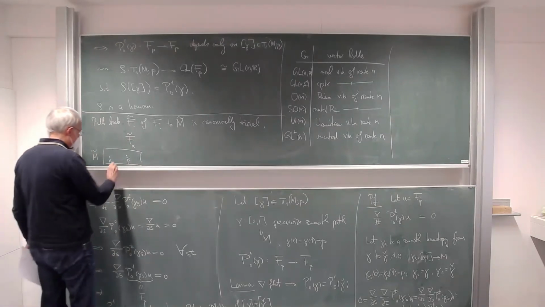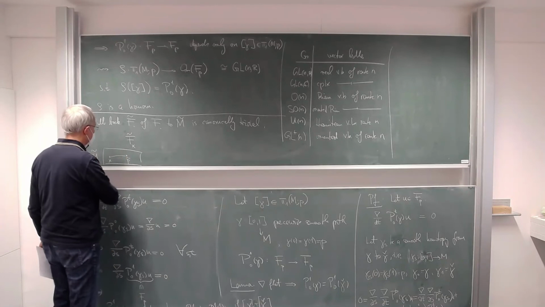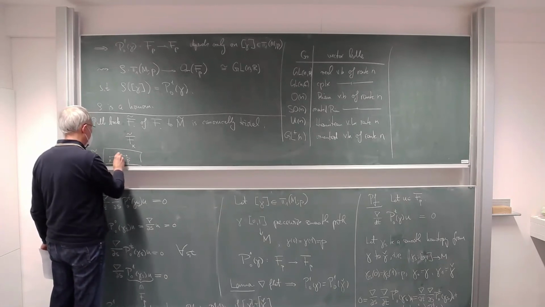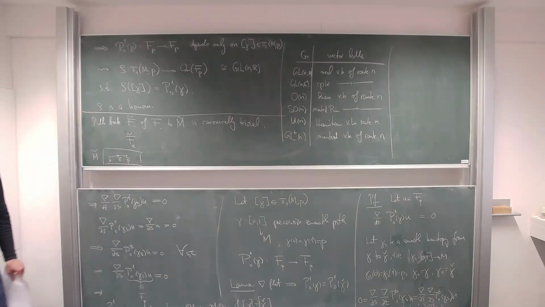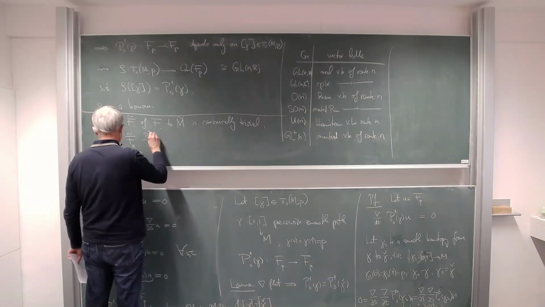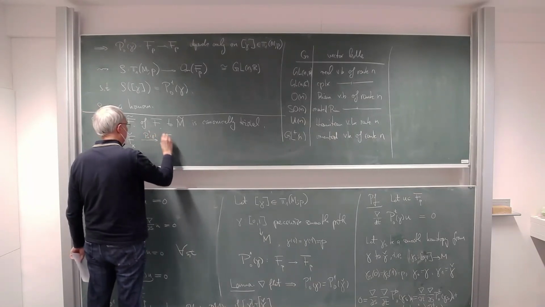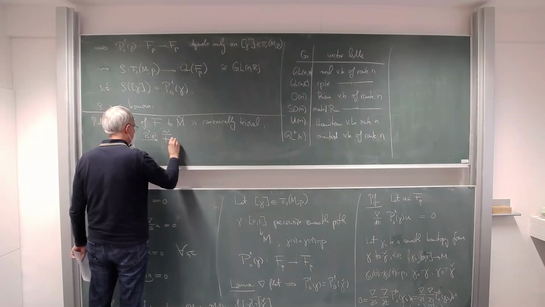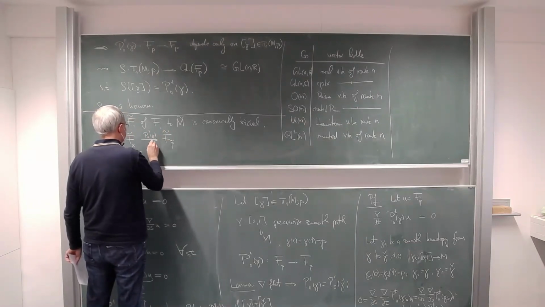Now what you can do is take a path, choose a path, gamma, from x to p tilde, and parallel transport along it. So then you can do the parallel transport along this path gamma and end up in F tilde at p tilde. And sure enough, this is an isomorphism.